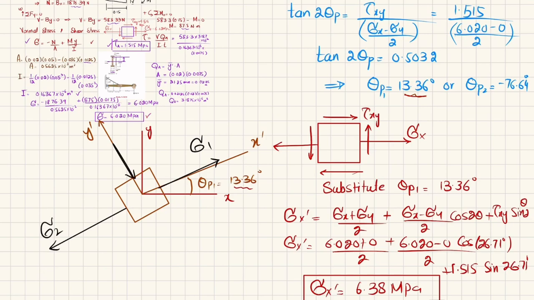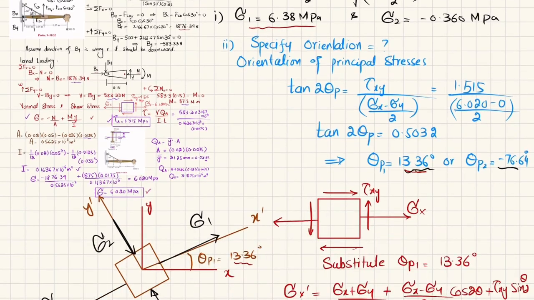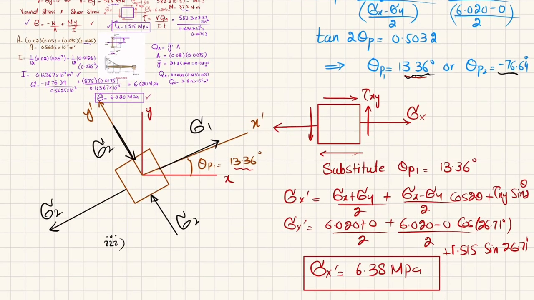This will be sigma 2. Sigma 1 and sigma 2 are the principal stresses. Clear? This is the answer of specifying the location, and the third part was to indicate the result on the element. So this is the answer of our third part.